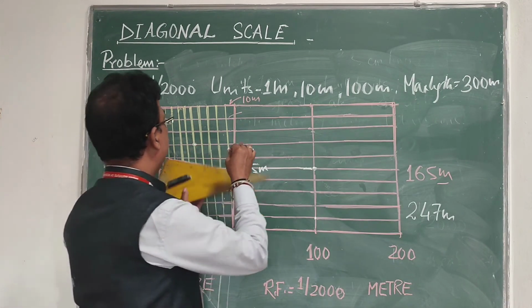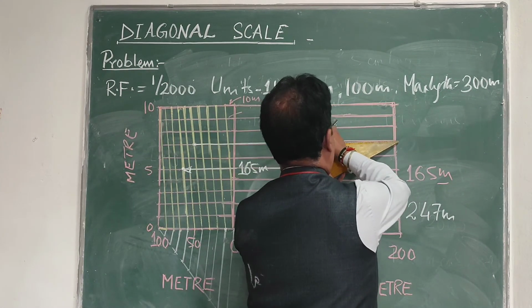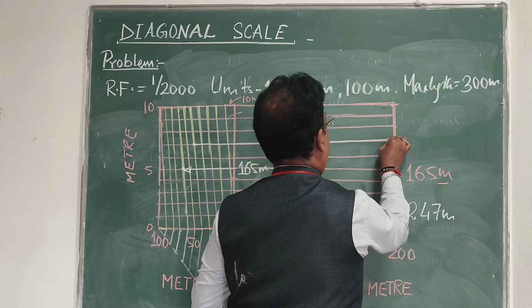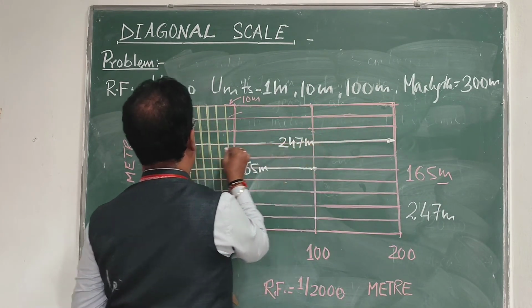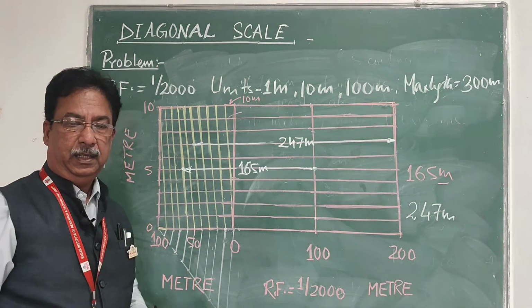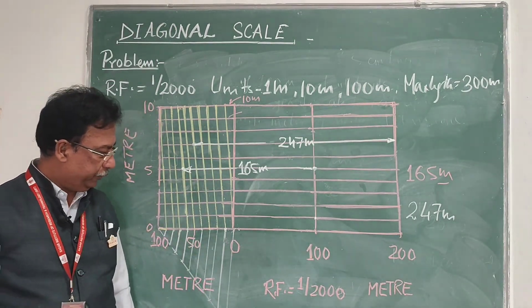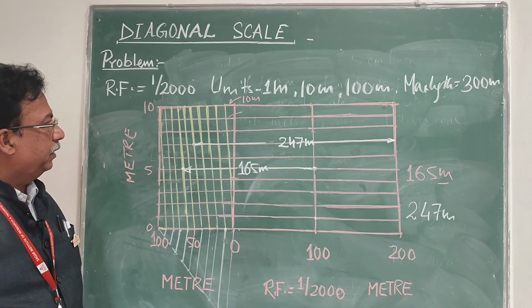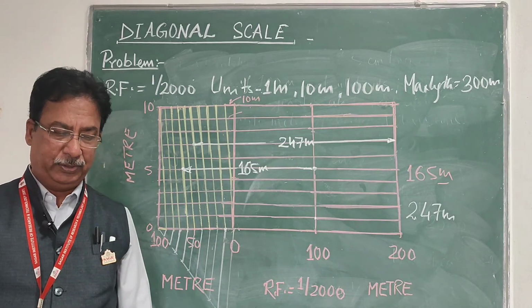So if I go to this point, and from here till this extreme left, the distance between these 2 points will be 247 meter. I hope you all understand the problem. Try to solve it in your notebook. This is one of the basic problems of diagonal scale. Thank you very much.